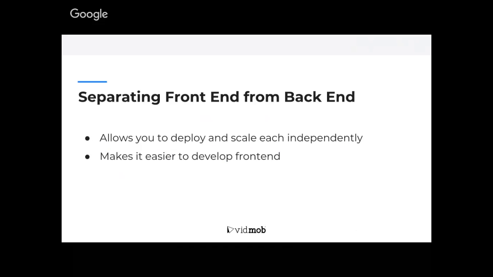There's a ton of reasons why you would want to do that. It allows you to more independently scale and deploy your application front end from your API backends, because each of those things will have very different characteristics about how they operate and how you scale them as people are using them.